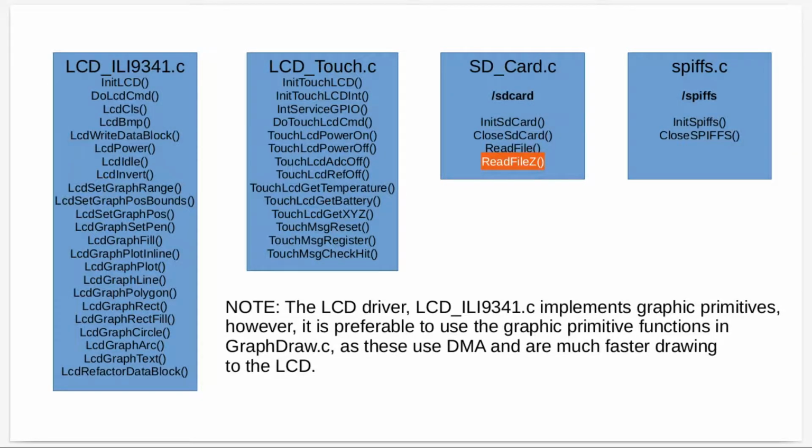The SD card is automatically mounted on a file system /SD card that you can use directly in the application with file functions such as fopen, so you can fopen /SD card and whatever your file or directory is. And by default in the project I've mounted a SPIFFS file system which is on the program flash memory, so I've created a partition on there.